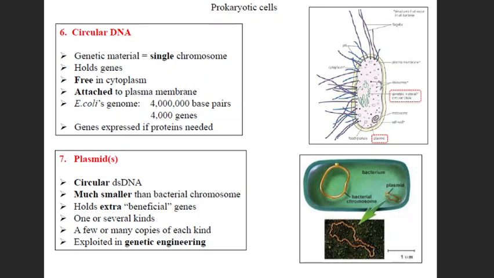So the gene of our interest can be added or loaded onto the plasmid, and if we transfer this plasmid to a bacterial cell, the bacteria will gain the additional information or additional characteristics. So in the case of rDNA technology, that is recombinant DNA technology, genetic engineering, we use this plasmid.